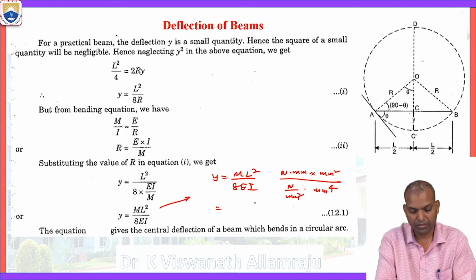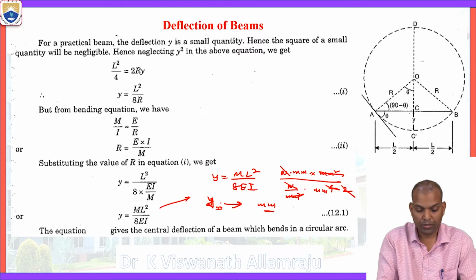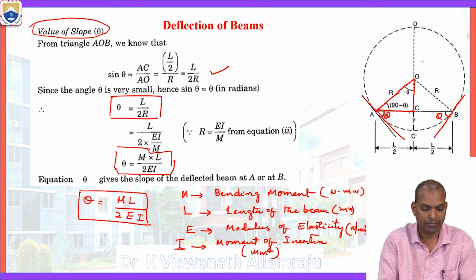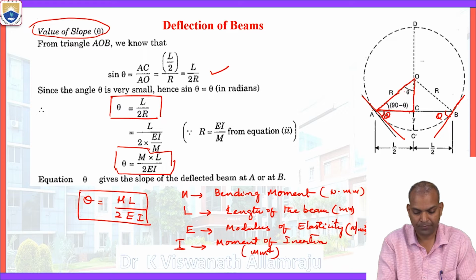So what will happen here? The two millimeter squares get cancelled, Newton got cancelled. Then the unit for deflection is millimeters. What about the unit for slope? The unit for slope is radians. Theta equal to M L by 2 times E I. Now sine theta equal to theta.